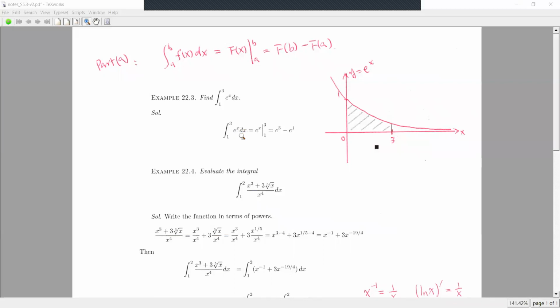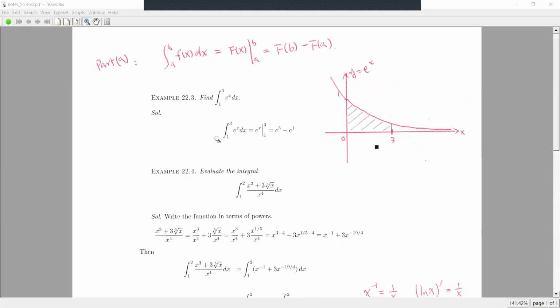What function has derivative e^x? The function itself. The derivative of e^x is e^x. So e^x is an antiderivative of this function.